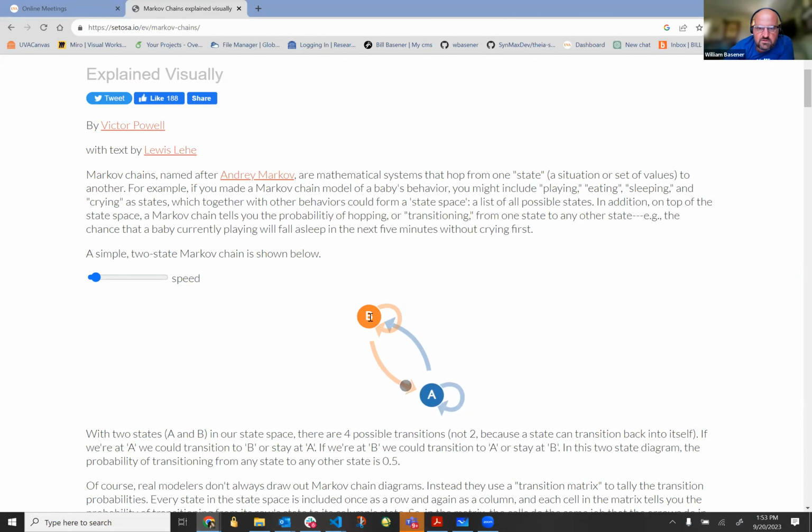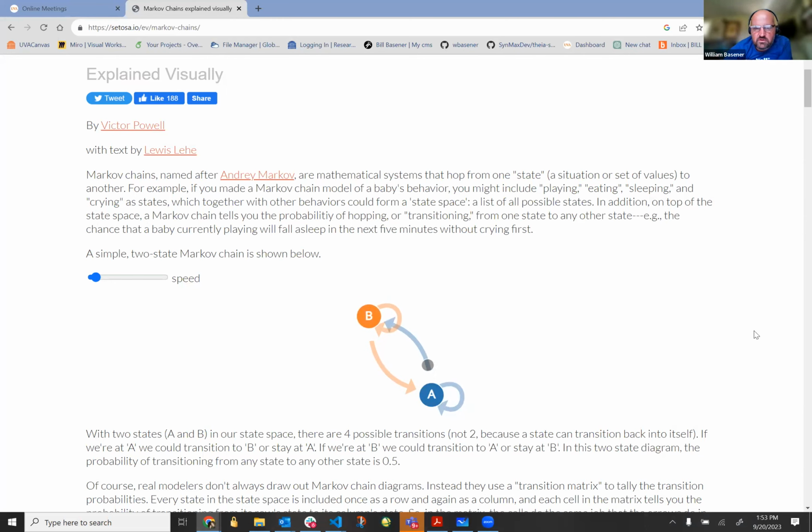So think of 2 states, in this case A or B. Our system, whatever system we're looking at, is in state A now, and then it switches to B, and it repeats B a few times, and then it might switch back to A. There are probabilities for these switches.